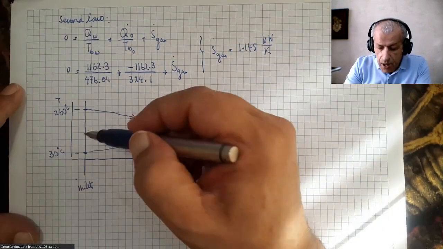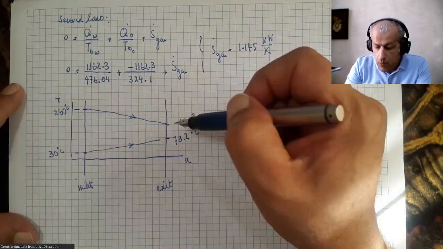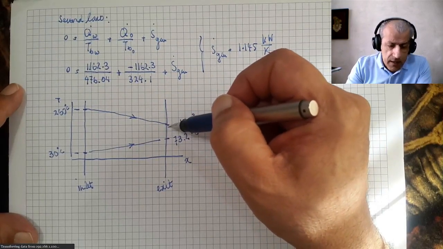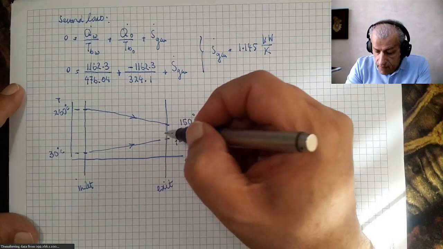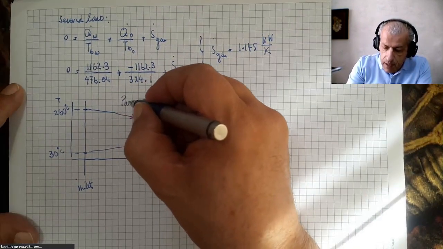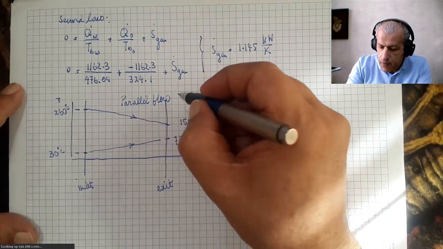There's a sharp temperature gradient between the two sides to start with, but both end fairly close together. This is called a parallel flow heat exchanger.